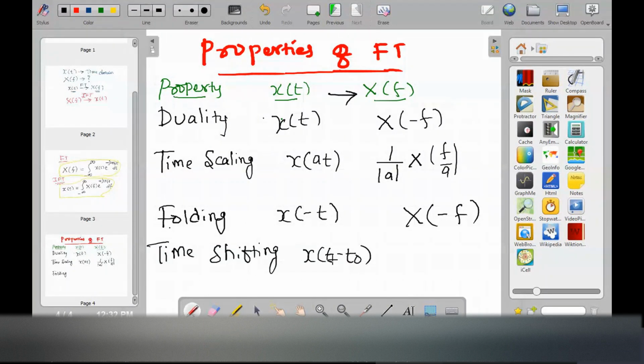That means if I shift x of t by a value t naught, then how does it affect its Fourier transform? It will be x of f into exponential to the power minus j 2 pi f t naught.